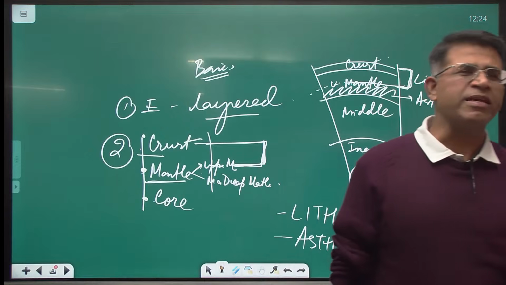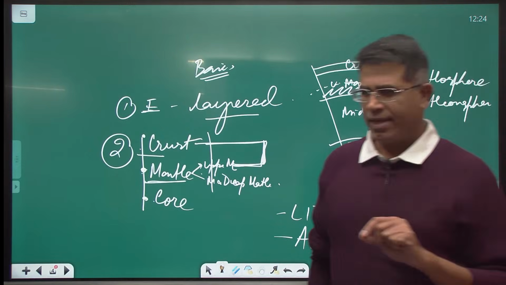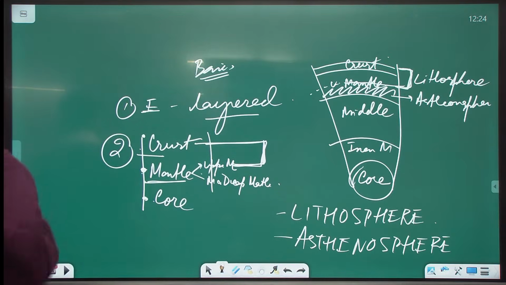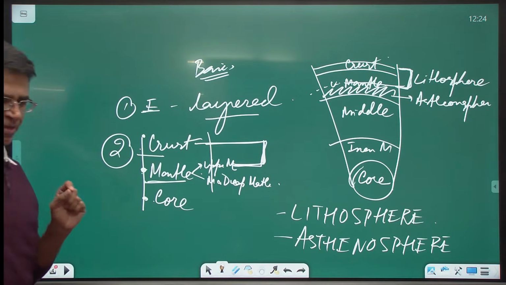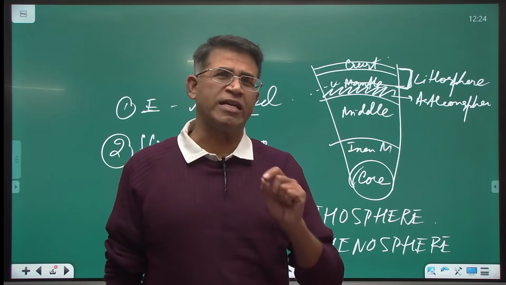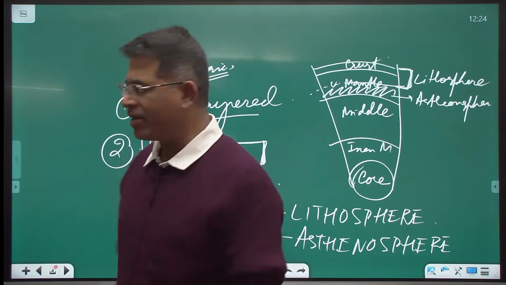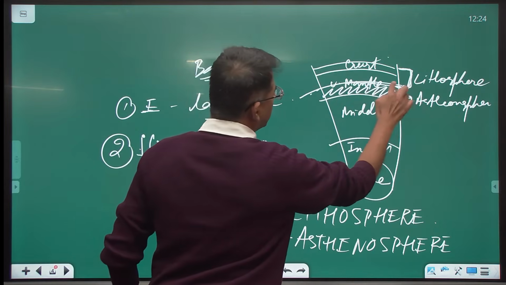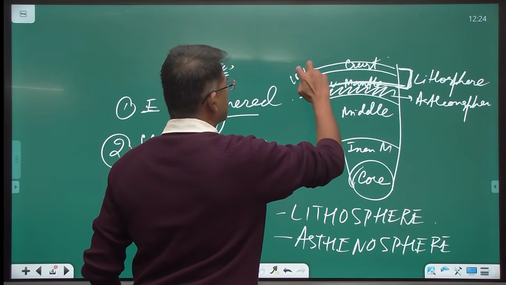But in another scheme, the crust and the upper part of upper mantle up to a depth of 100 kilometers. तो ये दोनों साथ कहां तक? Okay, up to 100 kilometers.